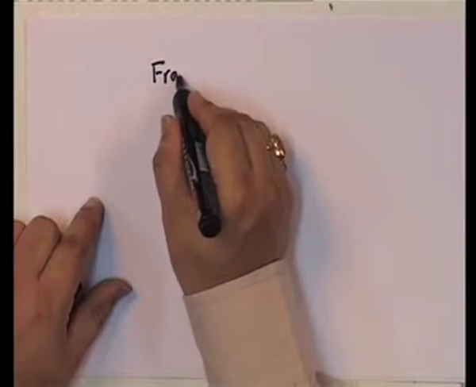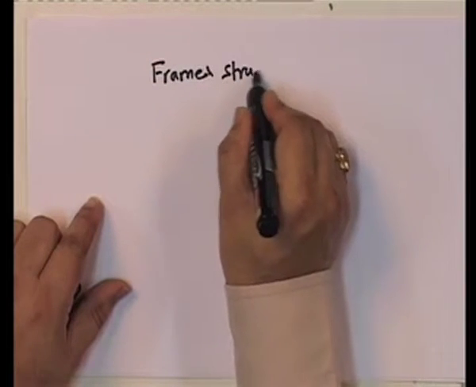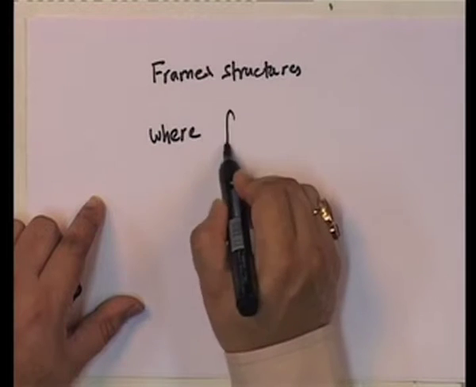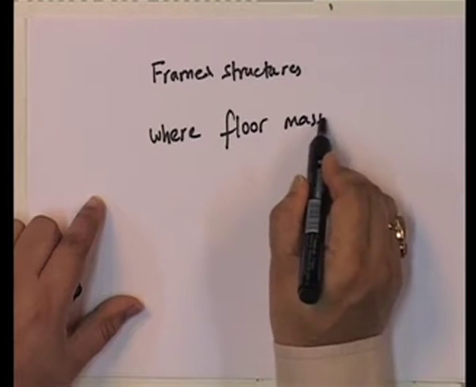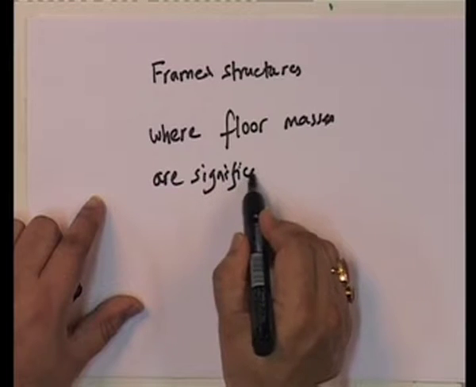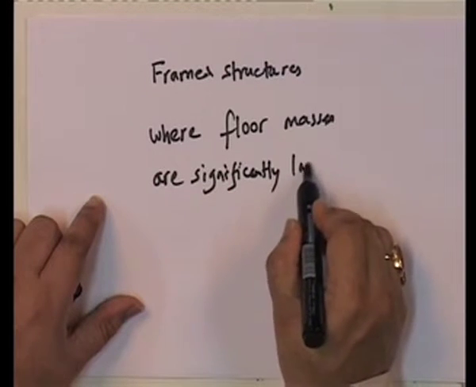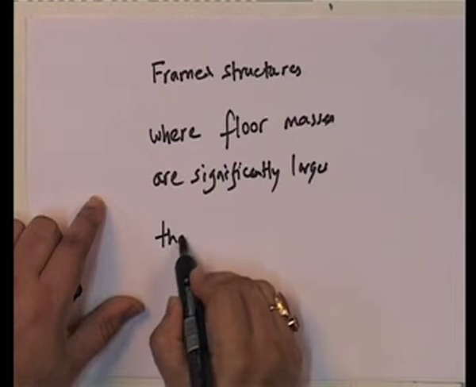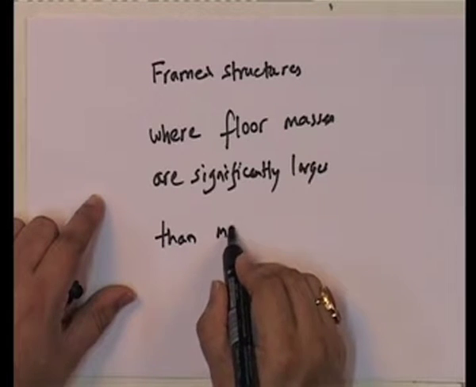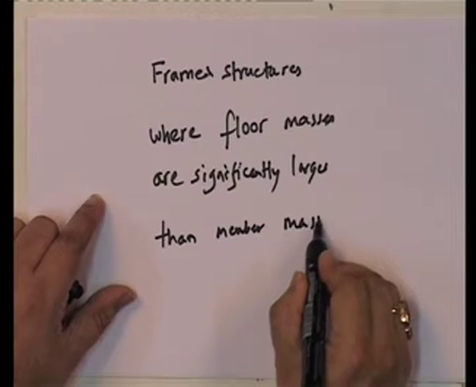Let us be very clear, the lumped mass formulation was created only for framed structures where floor masses are significantly larger than member masses.